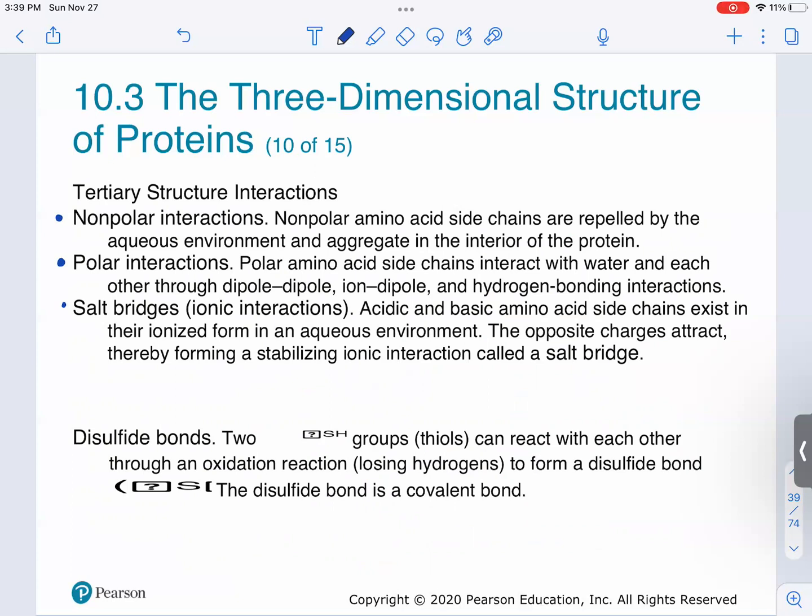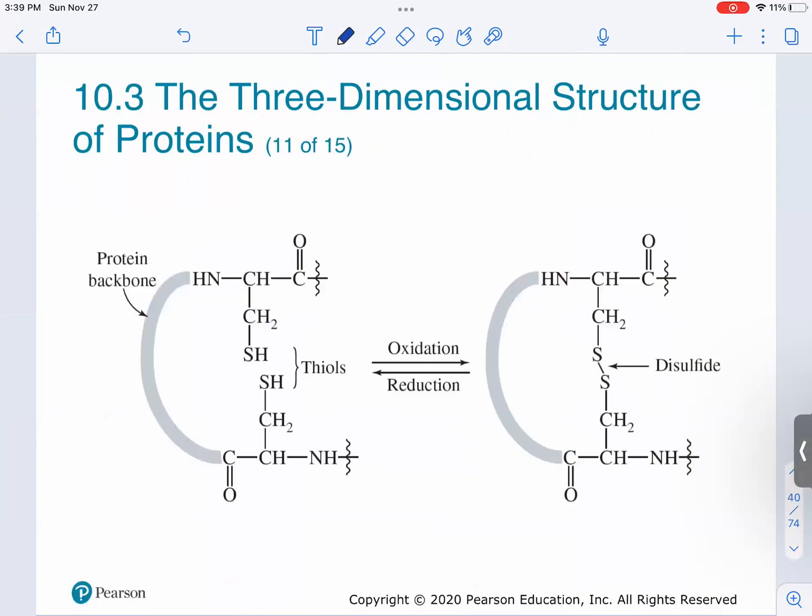Okay. And we talked a little bit about the disulfide bonds. So you might have two amino acids with thiols that are nearby, and through an oxidation reaction, you can form a disulfide bond with those two sulfurs. So you can see there, that's all oxidation and reduction.